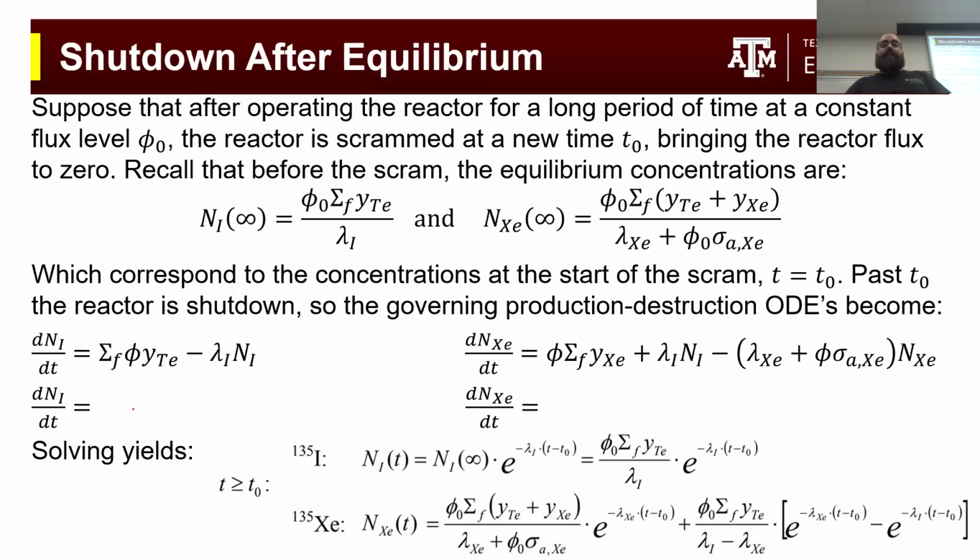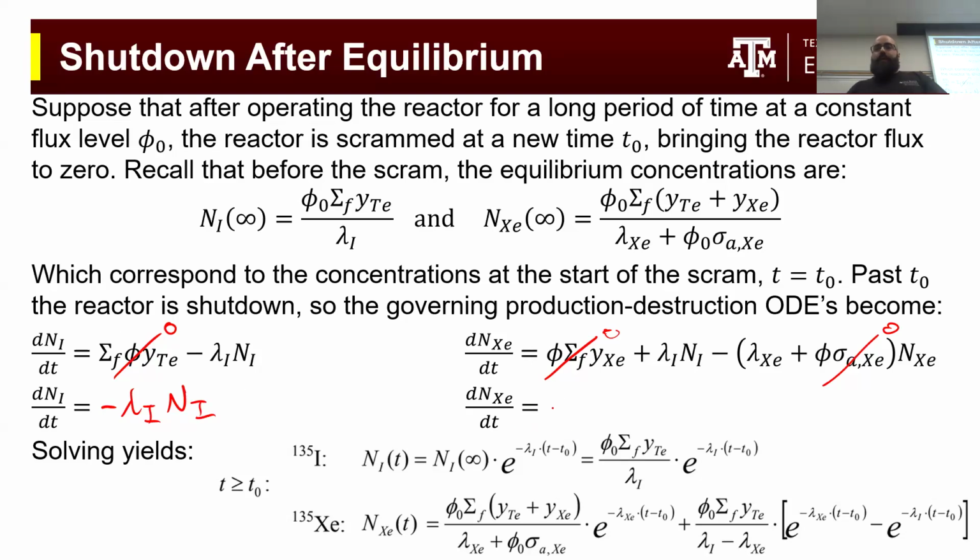So for this iodine concentration equation, any term that has a flux is going to go to zero once we've shut the reactor down. So therefore, my iodine equation is just going to look like the decay constant of iodine times the number density of iodine, because the flux goes to zero, so that term drops off.